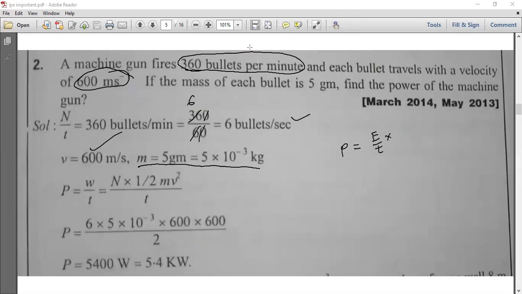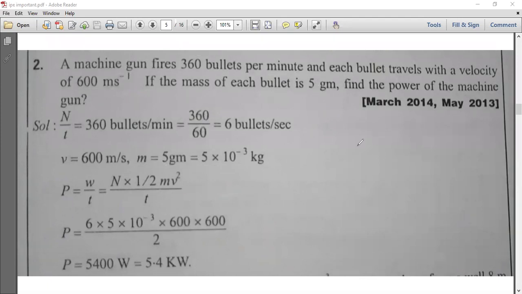That's why, can I write like this? See here. I am writing like this. Power P is equal to N by t into E. Yes, N is just a number, and therefore N by t is how much? 6, into energy, which is half mv square.